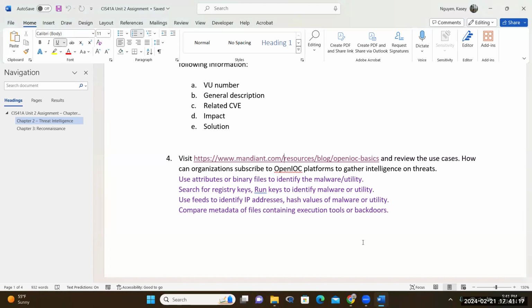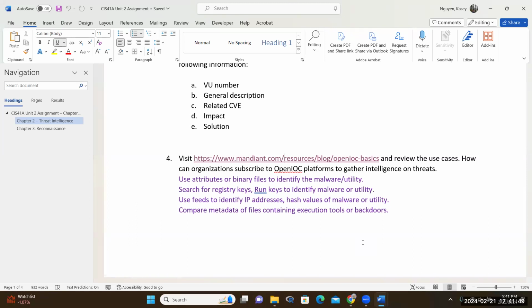You can use news feeds to identify information related to connectivity, like public IP addresses, or hash values for the malware or its utility. And we can compare metadata of the files that would have execution tools or backdoors.